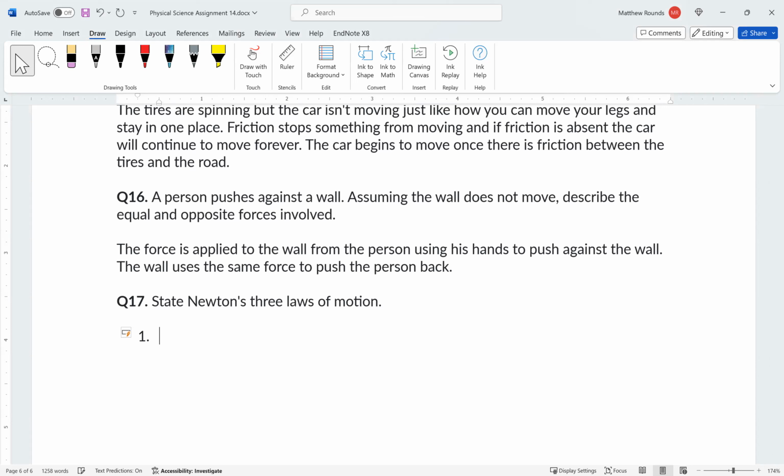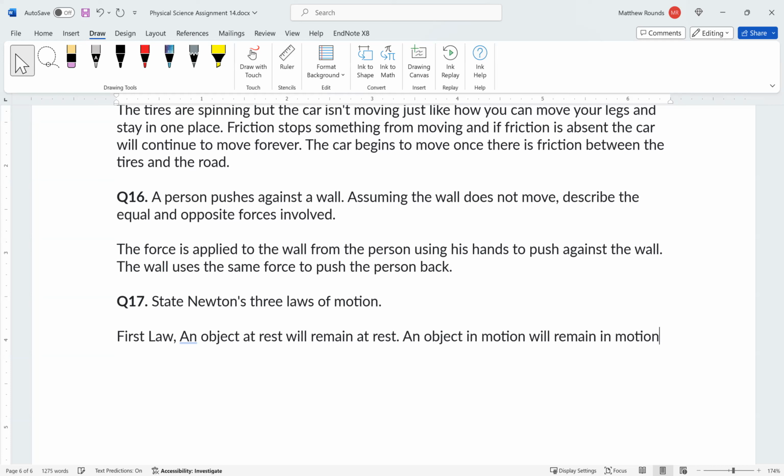All right. So the first law is really two things. It says an object at rest will remain at rest. You can think of it as like a book or a computer or a phone, whatever, something on the table. It's not going to suddenly move. The second thing is an object in motion will remain in motion.